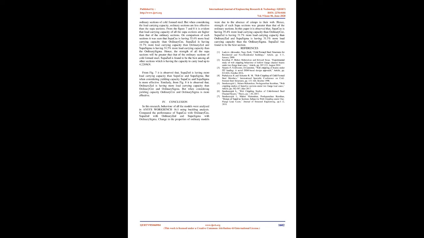Hence, the strength of each Supa section was greater than that of the ordinary sections. In this paper it is observed that Supa C has 35.4% more load carrying capacity than ordinary C, Supa Z has 31.7% more than ordinary Z and Supa sigma has 31.5% more than ordinary sigma. Supa Z was found to be the best section.